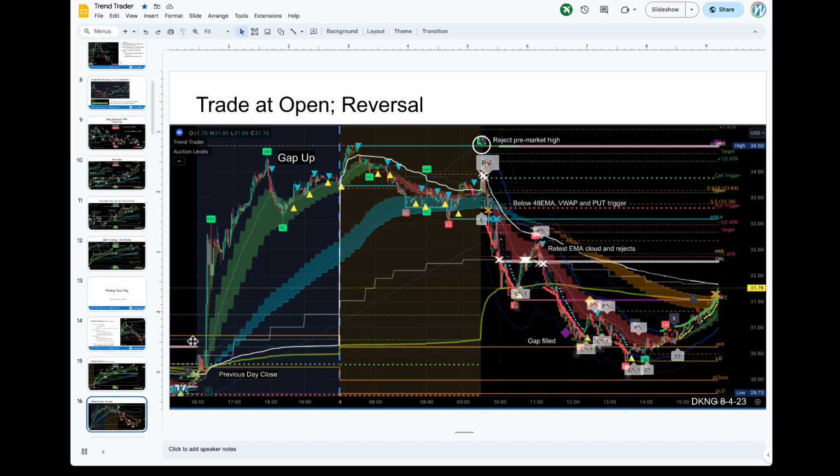Either way, you can see it's a nice gap up in the pre-market. It's above the EMA cloud, so very, very bullish. It's above the 34/48. Market opens, it touches the pre-market high, but it doesn't go above it, it doesn't hold it. That tells you that we're not playing calls because it has to break it and hold it, okay?